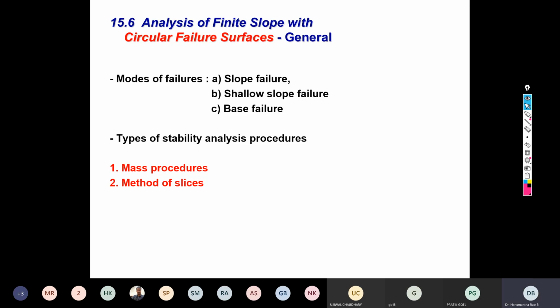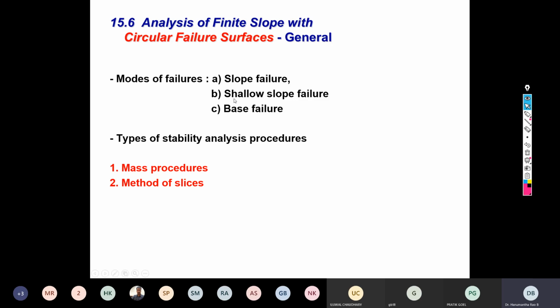It can be circular or log spiral, circular with translational or rotational, and so on. But for simplification of the mathematical analysis, most have assumed that the failure surface is circular in nature.